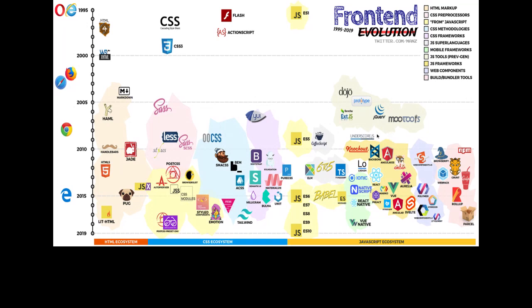HTML5 was introduced. Yes, HTML5 had some element of JavaScript in there. For example, there are things around the video tag, the audio tag, the picture tag, I think figure, and even more complicated ones.